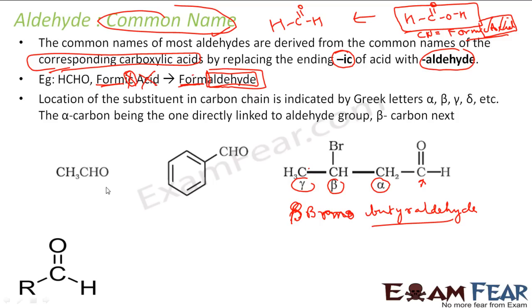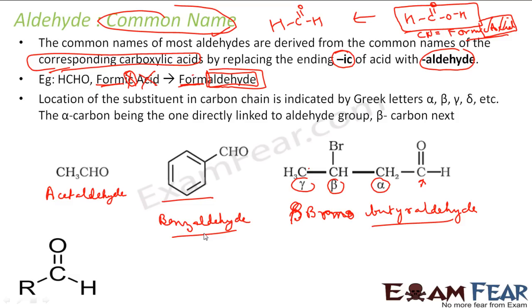Similarly, for this CH3CHO, this is derived from acetic acid, so it will be acetaldehyde. This is derived from benzoic acid, so it is benzaldehyde. It will be more clear when we discuss the common names of carboxylic acids.